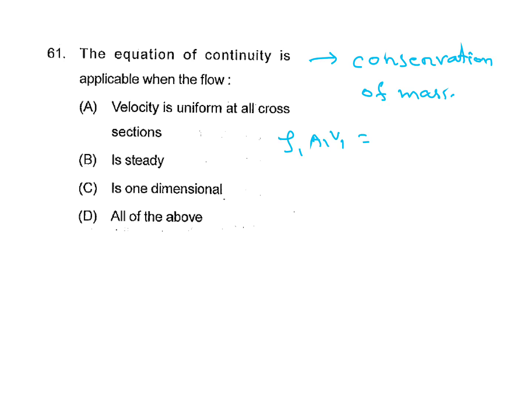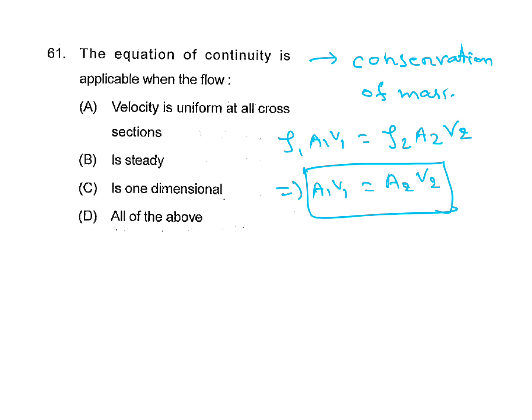If it is an incompressible fluid, A1 V1 equal to A2 V2. So velocity is uniform at all cross sections. B is steady, C is one dimensional, D all of the above. Answer is all of the above.